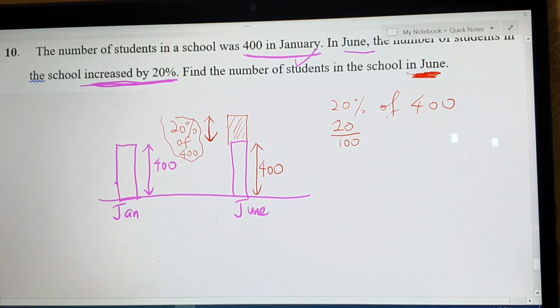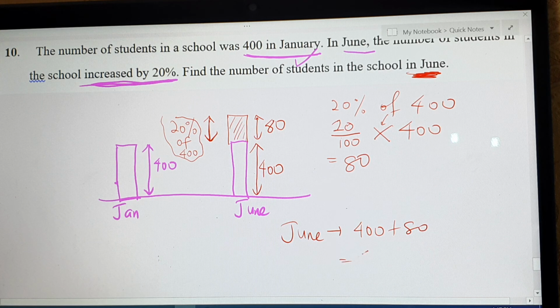Then this "of" means times. Then this is 400. So if you press the calculator, it is 80. So that means this part here is 80. So what's the population in June? June will be 400 plus 80, which is 480. Okay, that's all.